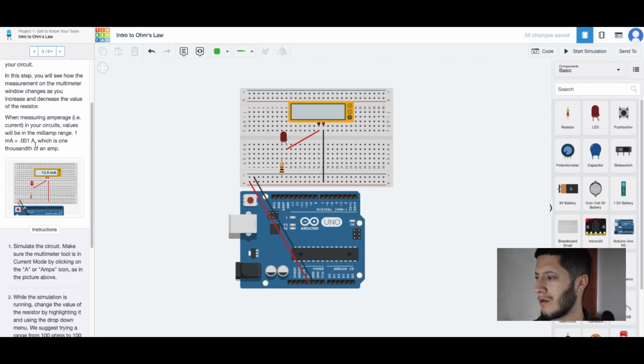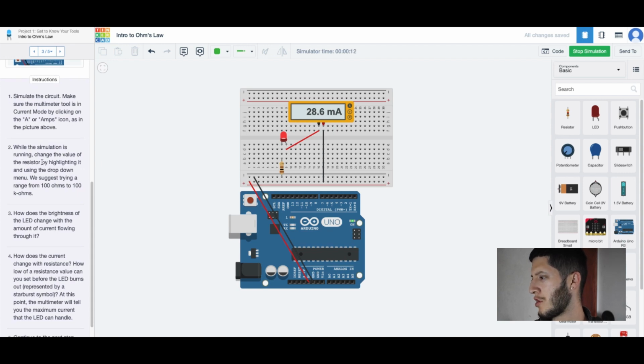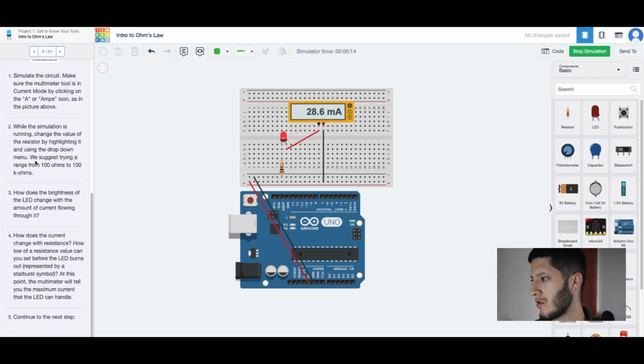It's pretty much that. Simulate the circuit. Make sure the multimeter tool is in current mode by clicking the A. Alright, let's simulate. Let's move it over to A.